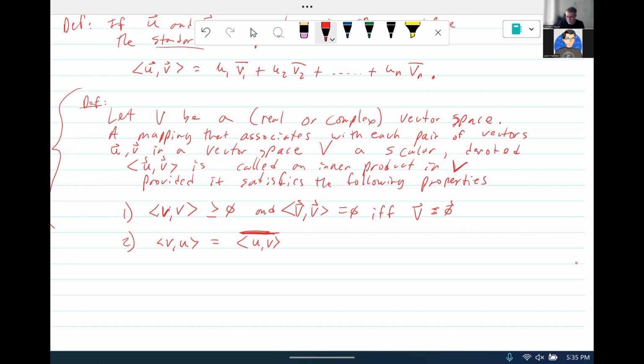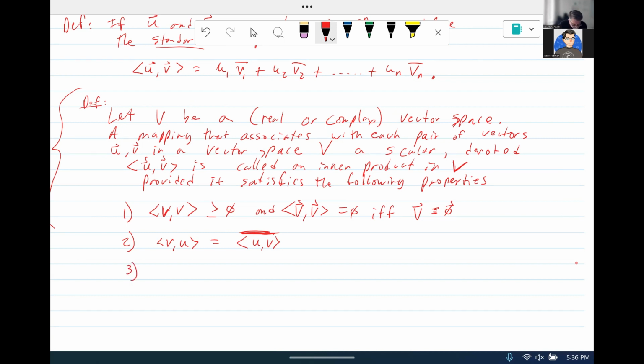So in this case, it's the conjugate of UV. It equals UV if it's real. However, if it's complex, then it equals the UV conjugate. So we would do the inner product on UV, and then we would take the conjugate of the result.